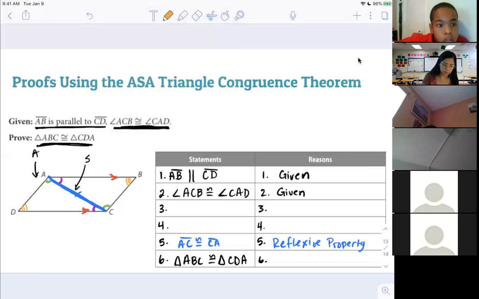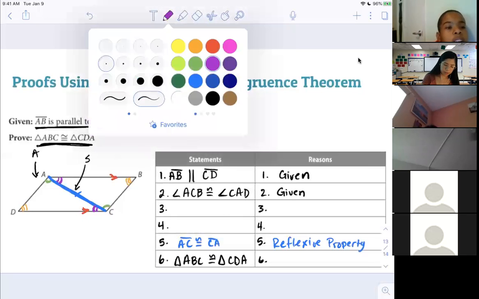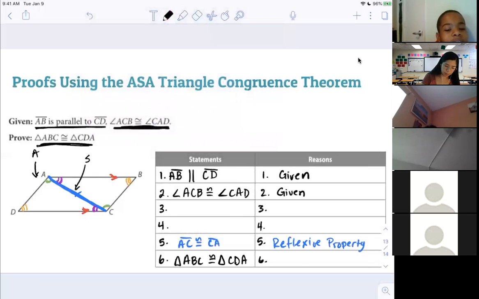If I'm trying to use ASA, I need two angles and the side in between. We already have the side, so we need to figure out the purple ones. Right. Yeah, you're right. We need to find the purple ones, because the orange ones are not the right ones.